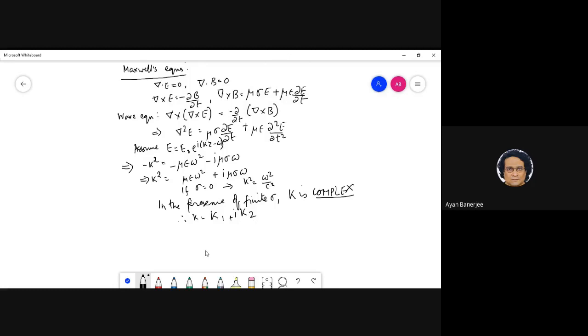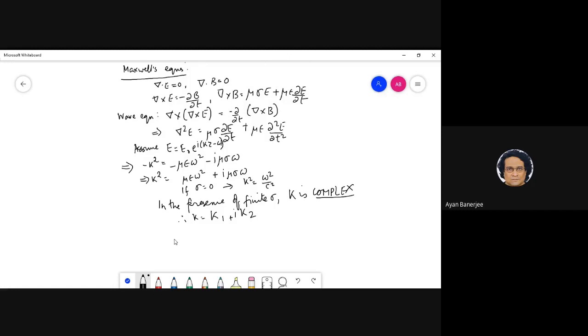Let us try to find what the values of these are. This is a bit of very simple math. My motivation is to find the values of k1, k2, and so on. What I am trying to find out is whether we can get to an expression for the skin depth. And of course, the direct meaning of k being imaginary you can anticipate from this.